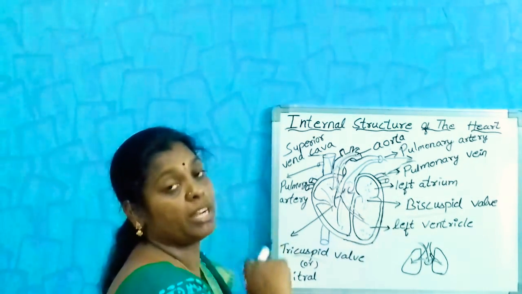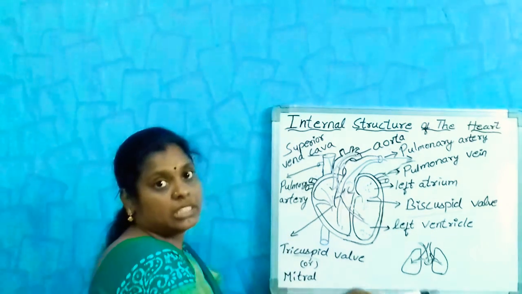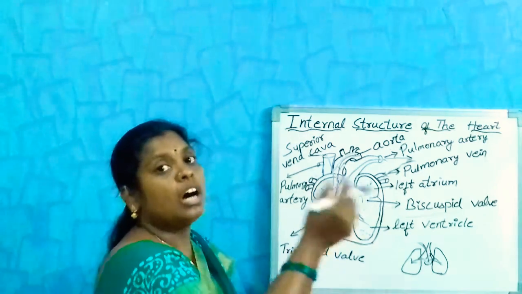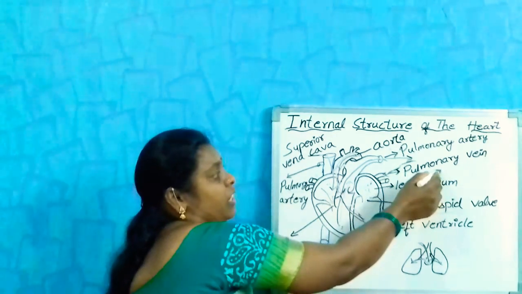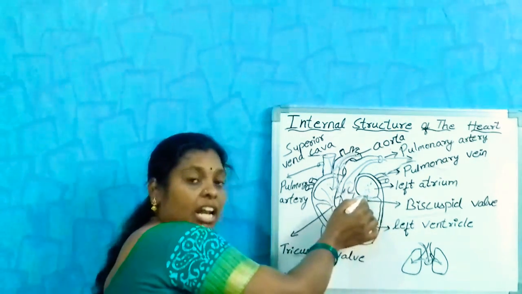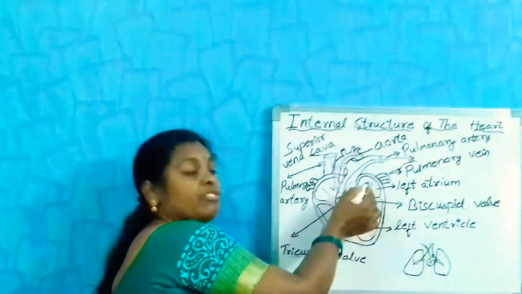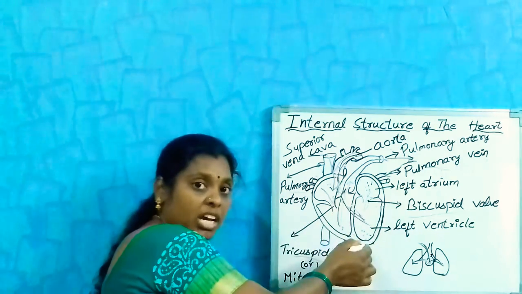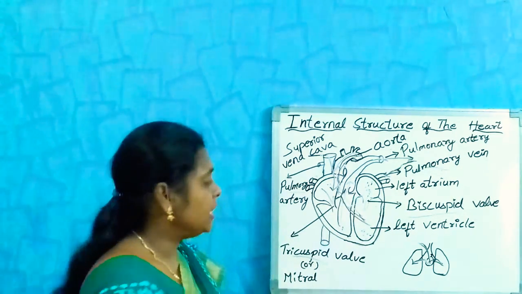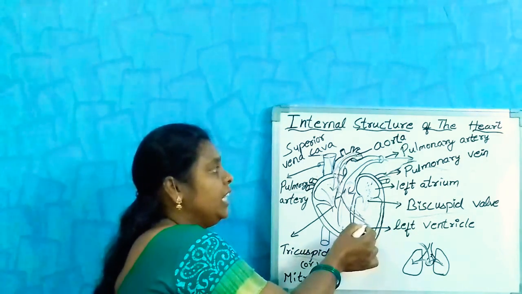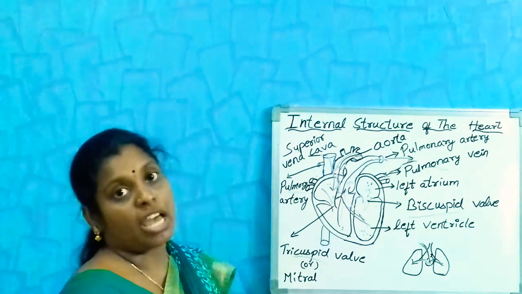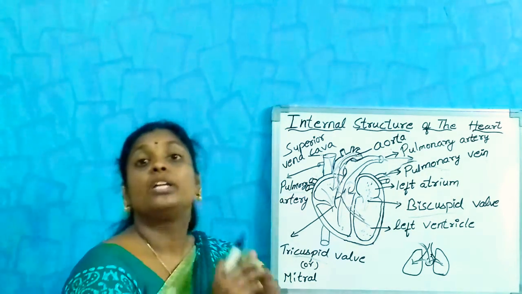The deoxygenated blood goes from heart to lungs, whereas oxygenated blood comes from lungs to heart. Through the pulmonary vein the oxygenated blood reaches the left atrium, then the left ventricle, and again from the ventricle it reaches the systemic aorta. From the aorta the blood is supplied throughout the body.